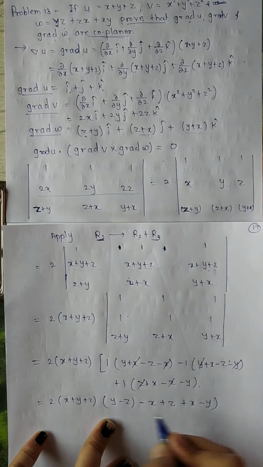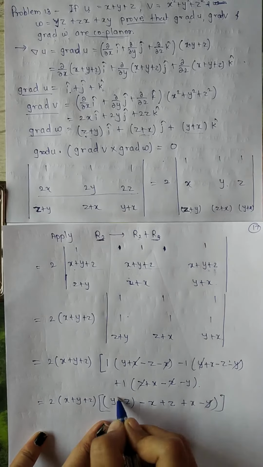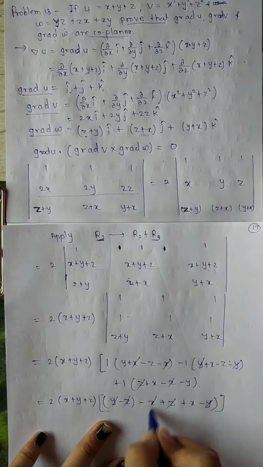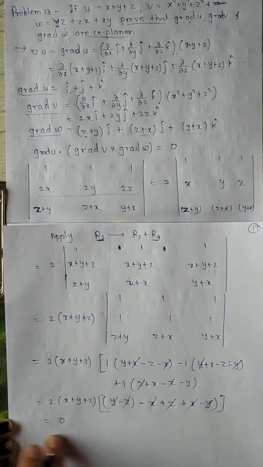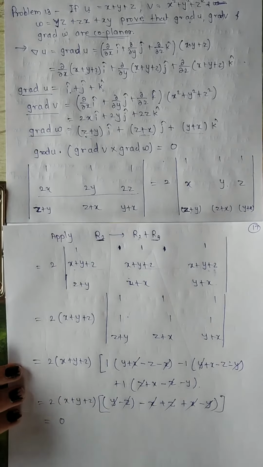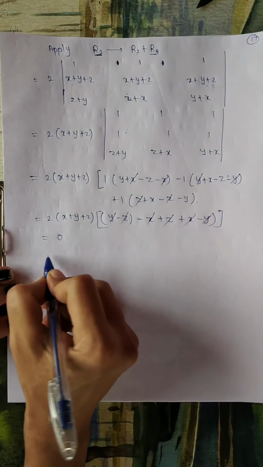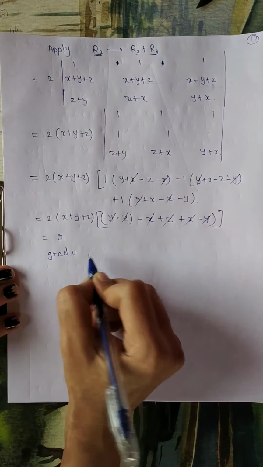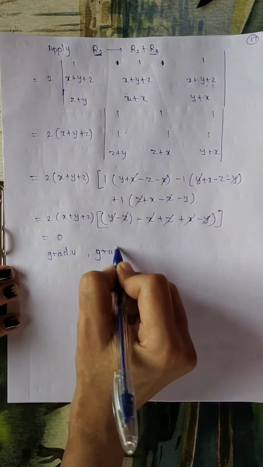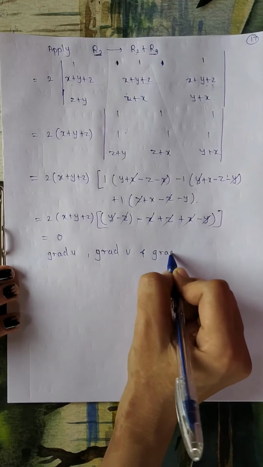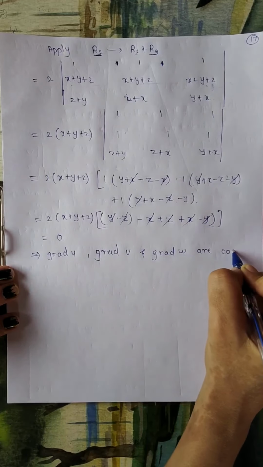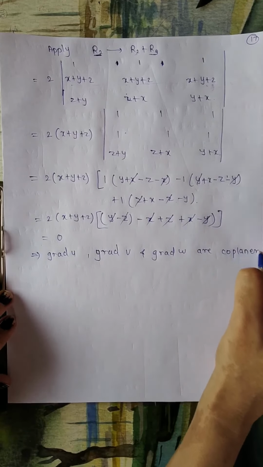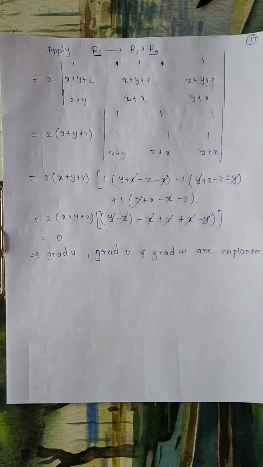So plus y minus y cancels, plus z minus z cancels, plus x minus x cancels, means 0, and this product is also 0. So we got the scalar triple product of these gradients as 0. Hence we can say that the 3 vectors gradient of u, gradient of v and gradient of w are coplanar since their dot product is 0. So this is the solution for problem 13.